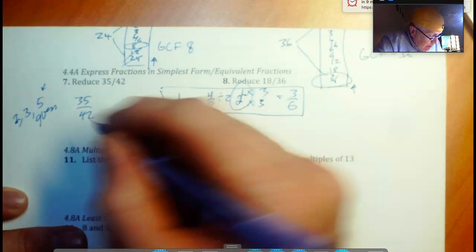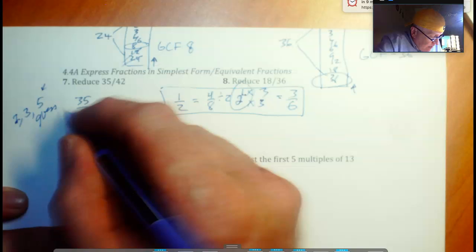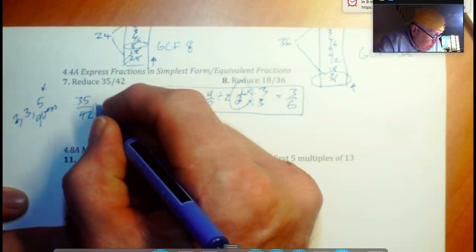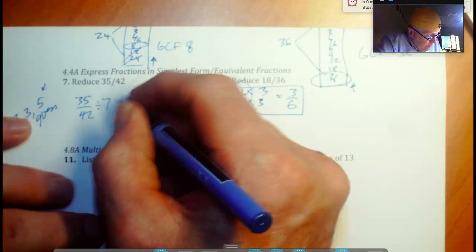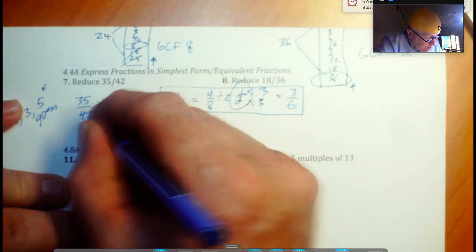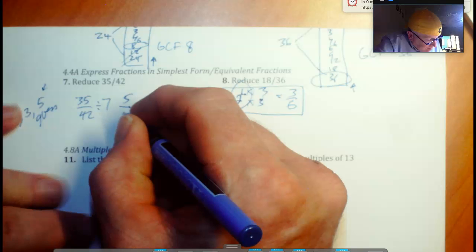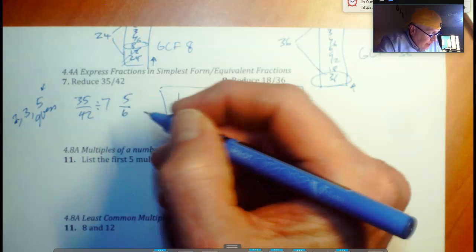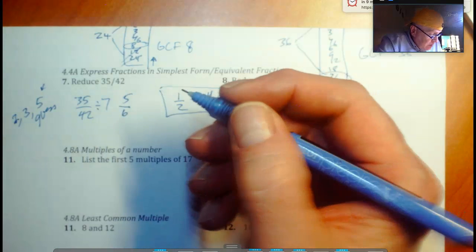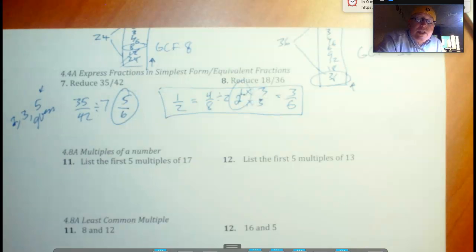So I started guessing, and I look at it and I go, 7 goes into both of these. So let's try that. 35 divided by 7 is 5. 42 divided by 7 is 6. 5 over 6, we're in simplest terms.